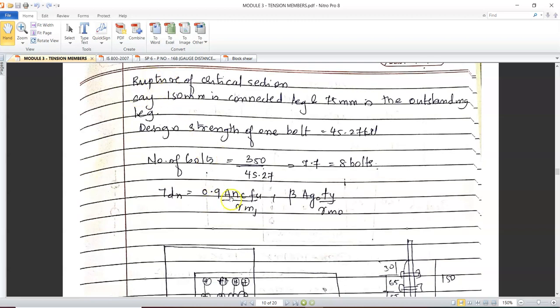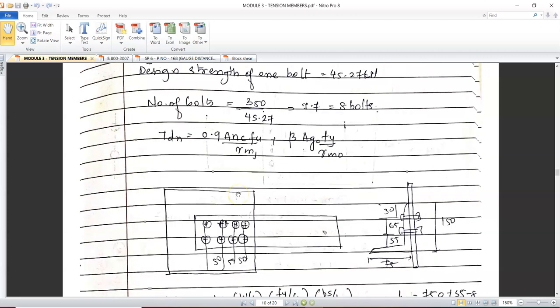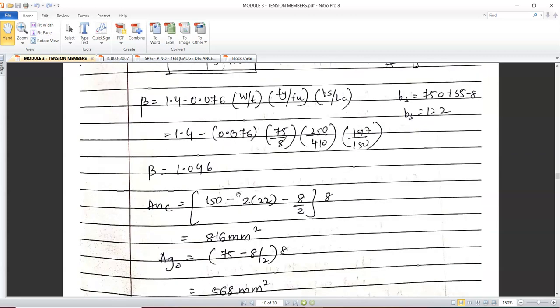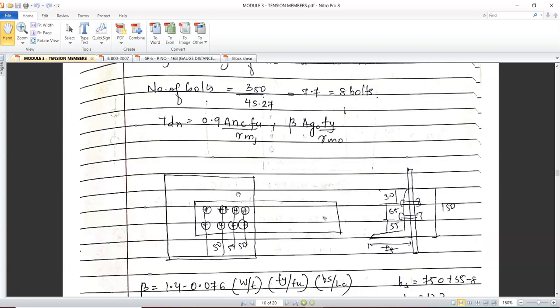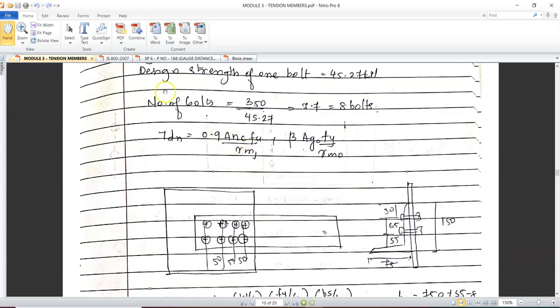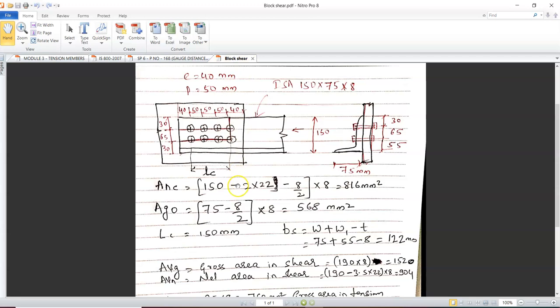The first one is Anc. Now Anc represents the net area of the connected leg.